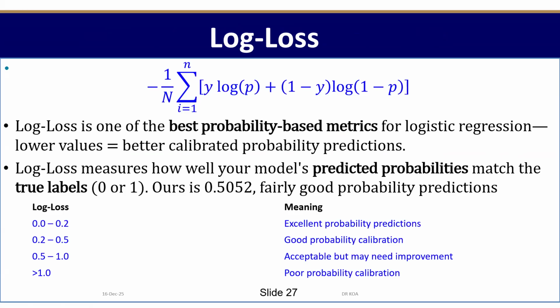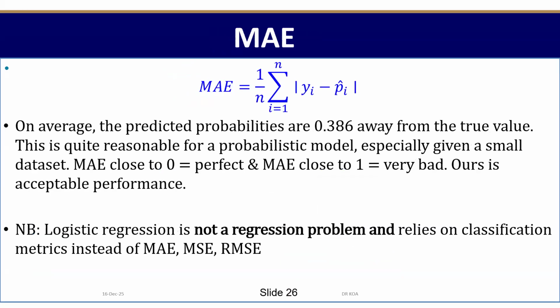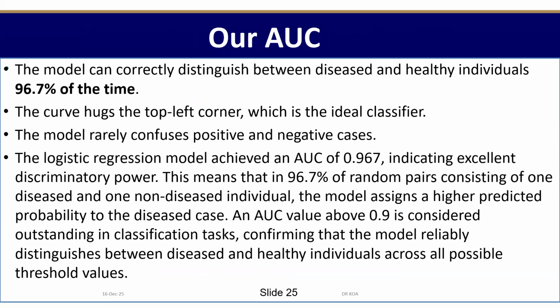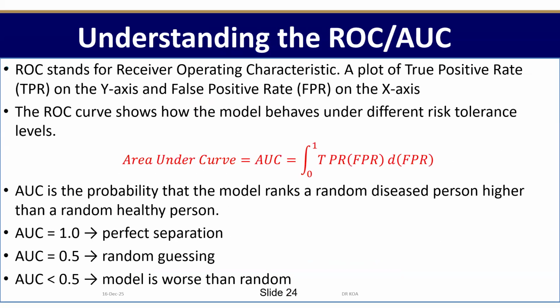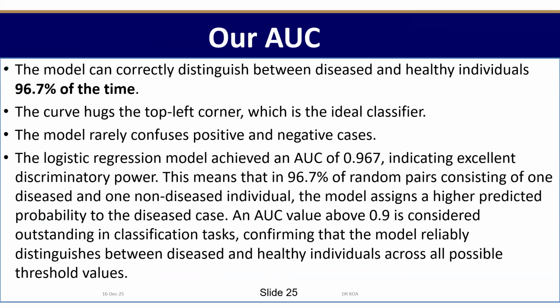If you have the AUC, ROC, and log loss, it's enough. By the way, nobody asked me what the AUC is. It is the area under the ROC curve. That is the AUC. AUC is the area under the ROC curve.